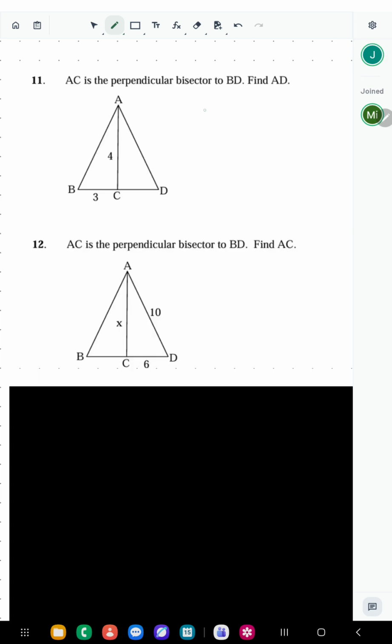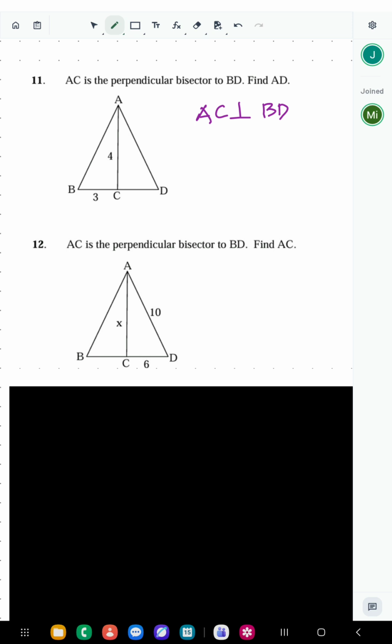AC is the perpendicular bisector to BD. Find AD. So perpendicular bisector. You just have to check the theorem for perpendicular bisector.